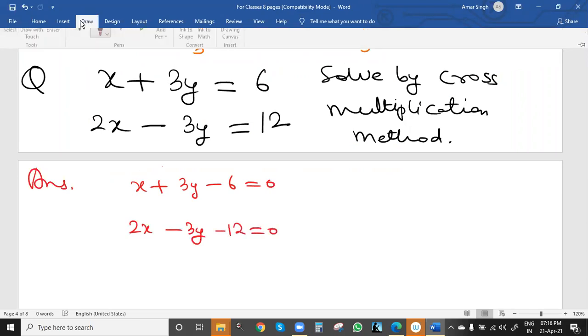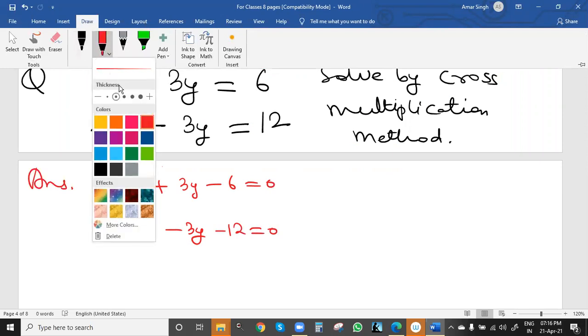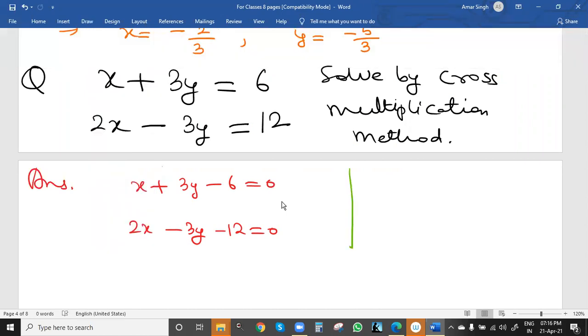Before solving by the cross multiplication method, one thing is that we can carefully, or cleverly, see that we can solve by other methods also, like the elimination method, because our main aim should be to get the correct answer.